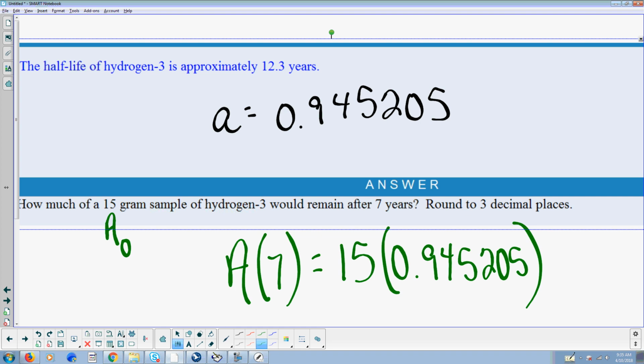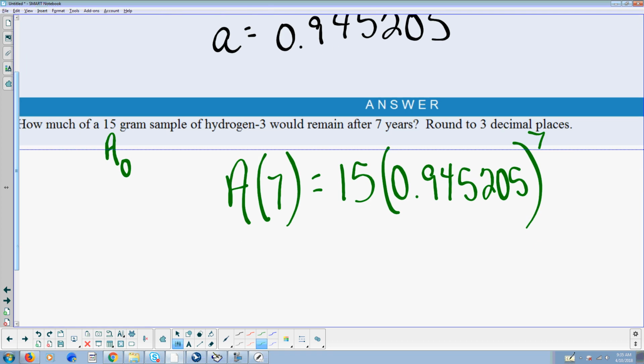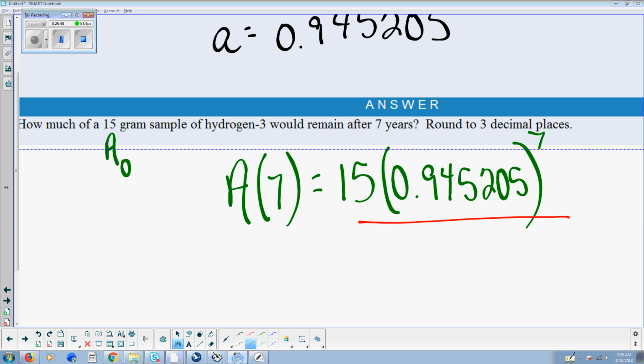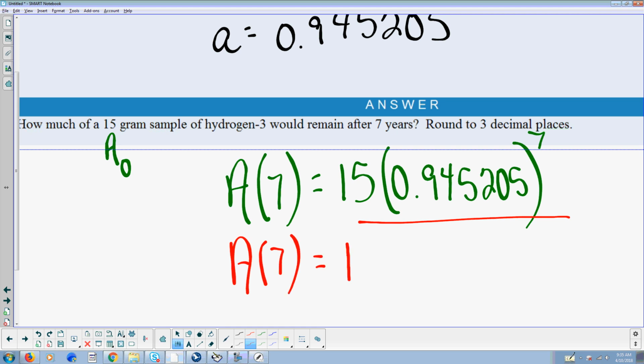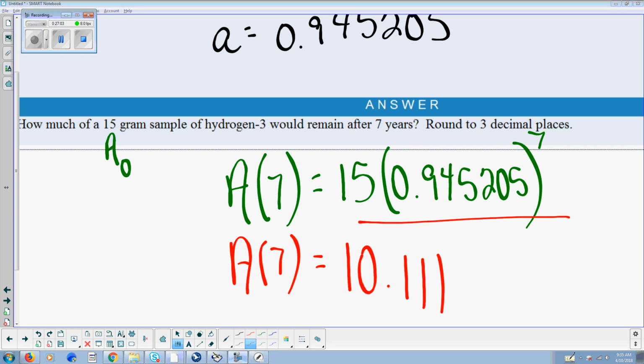We want to know, after a time period of 7 years, how much of this 15-gram sample would be left. All we have to do is input this into the calculator and round to 3 decimal places. So I got that the amount after 7 years would be 10.1105, so 10.111 if I round to 3 decimal places.